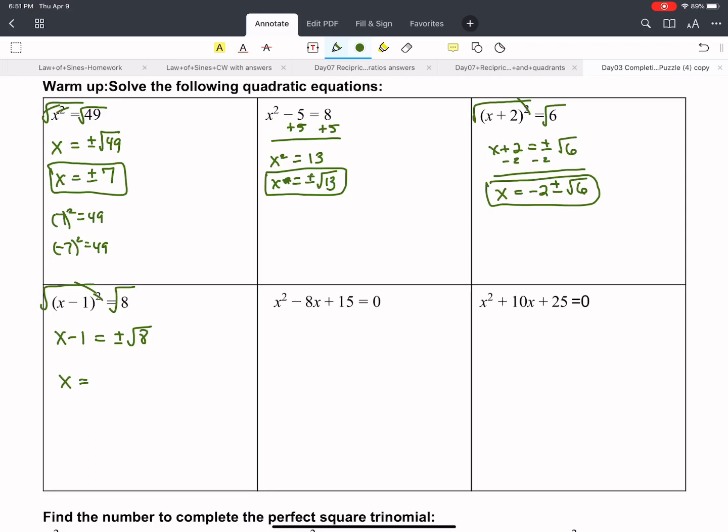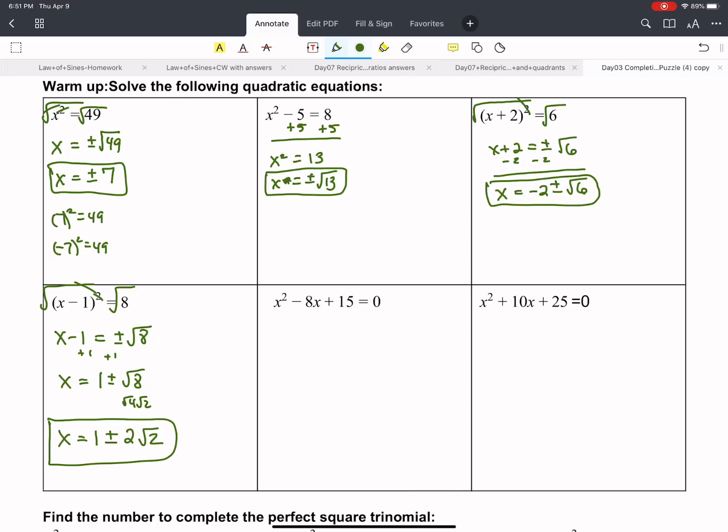So x is equal to positive 1, because I added 1, plus or minus the square root of 8. This one happens to be able to simplify that radical. You can write that as square root 4 times square root 2. So x is equal to 1 plus or minus 2 square root 2.